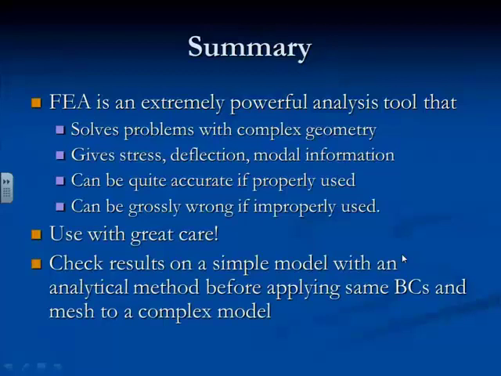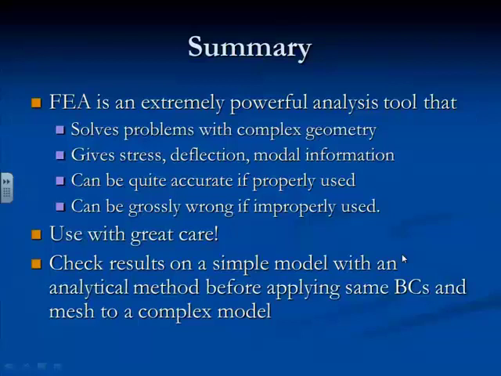And what you always should do is start with a simple model. I've got a crazy link of some wild shape or other, and I want to model that and analyze it with FEA. So what I'm going to do first is make up a model of a simple shape. Maybe it's rectangular, round in cross-section, something I could actually do by hand that's similar in size and so forth to the real part.